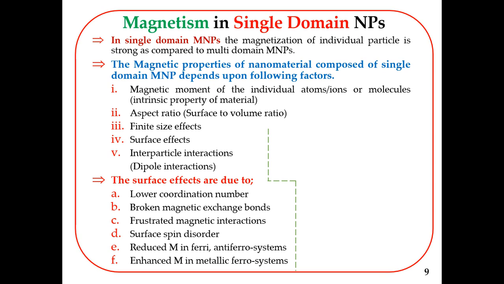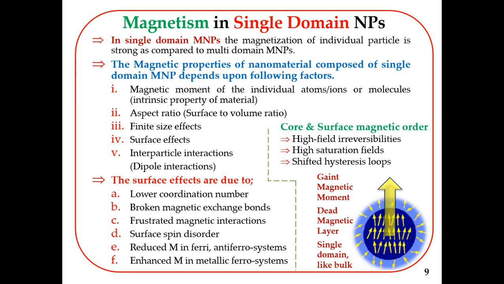The surface effects are very dominant due to the lower coordination number, broken bonds on the surface, and frustrated magnetic interaction due to the broken bonds. So there will be surface spin disorder, and also a reduced saturation magnetization in these materials, and we will also see that enhanced magnetization is possible in metallic or antiferromagnetic systems.